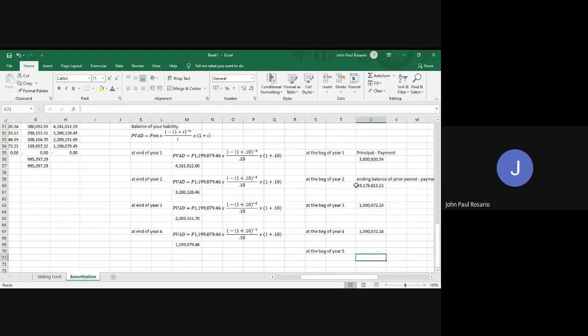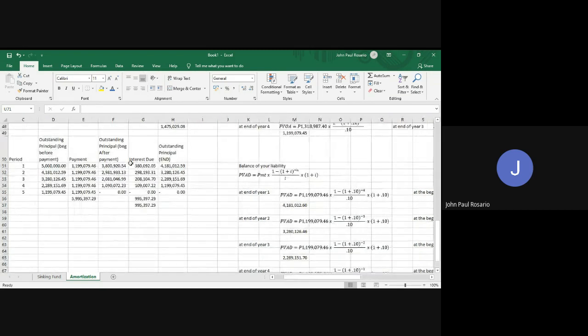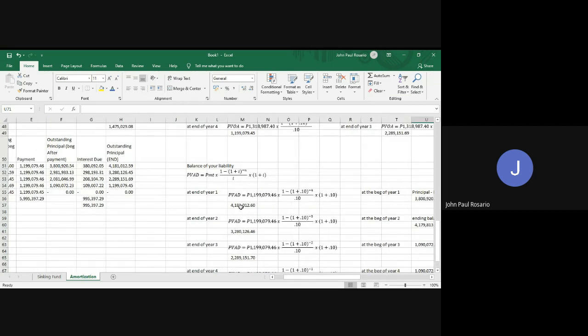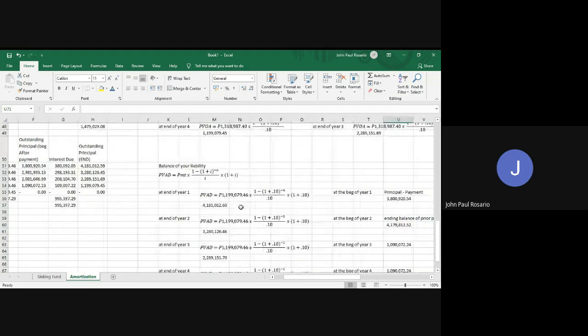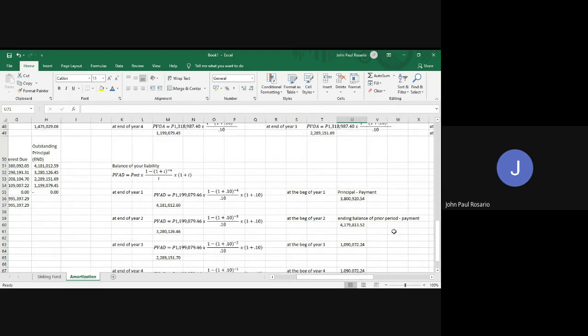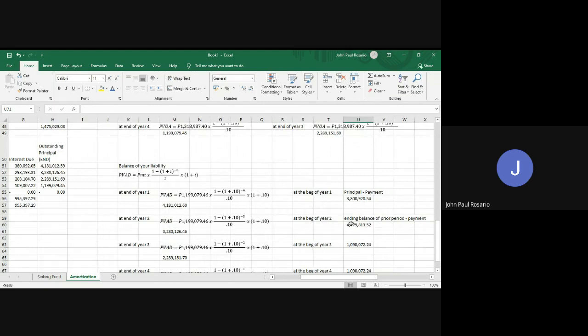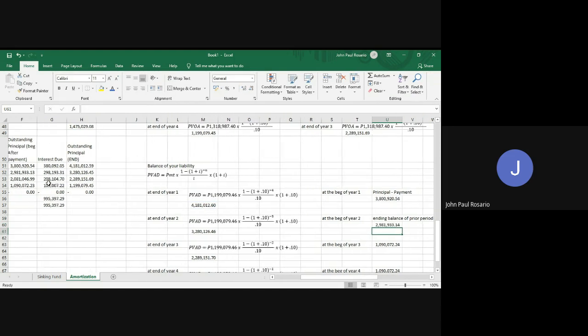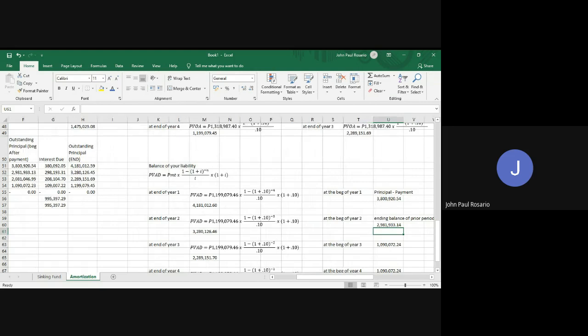As you can see here, at the beginning of year 5 the balance is 38,920.54. Sorry, there are some discrepancies here.